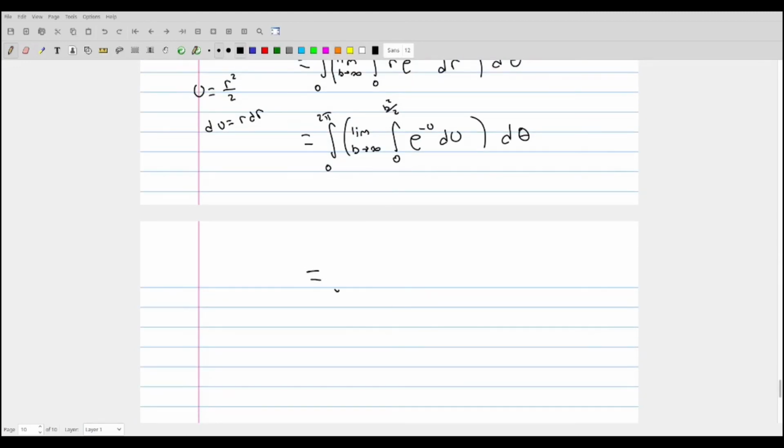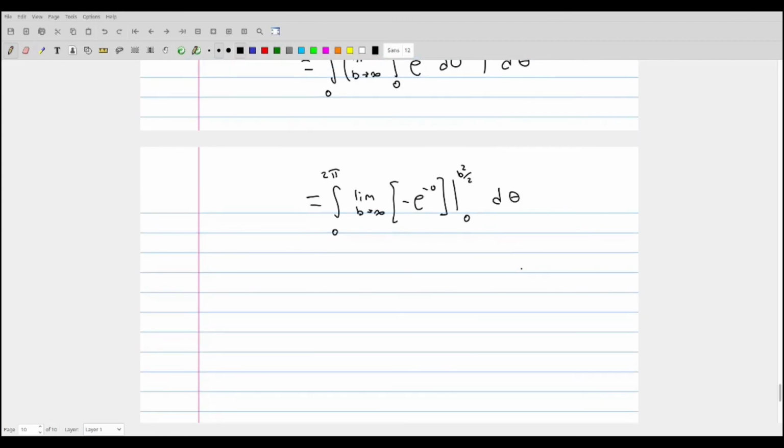So this is equal to the integral from 0 to 2 pi of the limit as b goes to infinity. This antiderivative is going to be negative e to the negative u from b squared over 2 to 0.